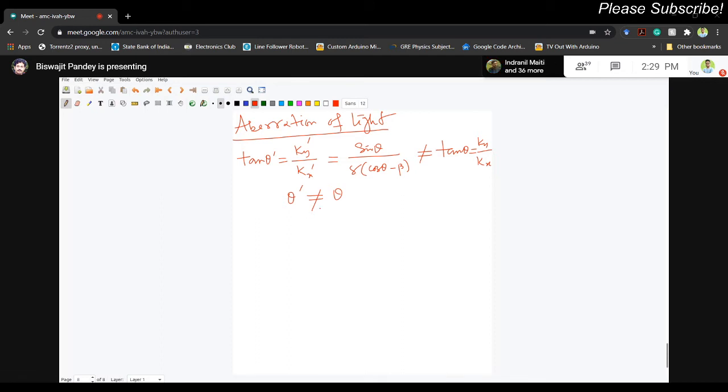Now you see there are a couple of important things which I should mention here. Maybe I should write them down explicitly. Once you know tan theta prime, you can calculate the other quantities, but let me just write down cos theta prime and sin theta prime. It will be easier to understand certain other things. So kx prime, what was kx prime?